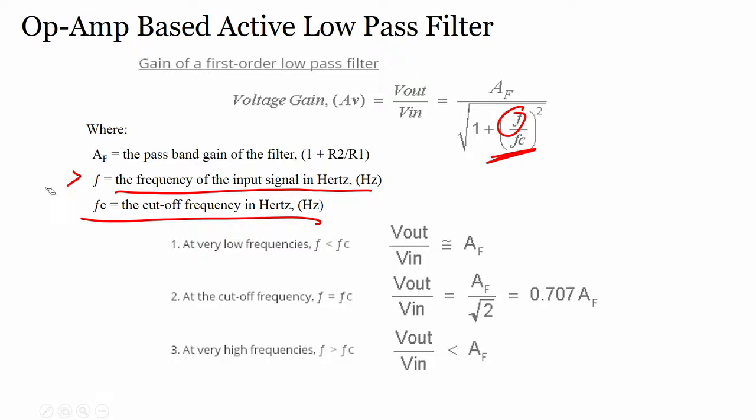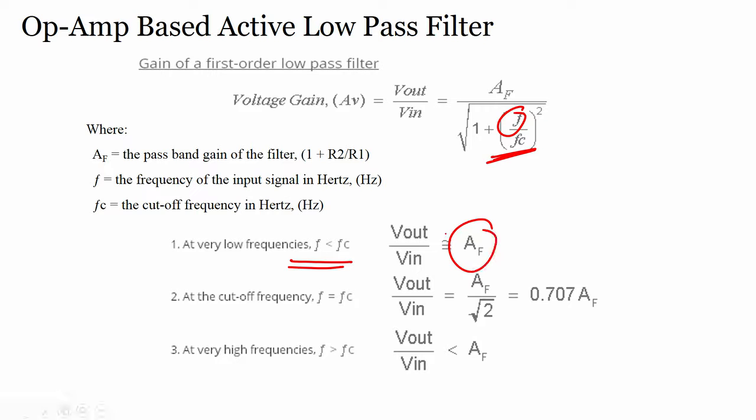Now, what will happen when a very low frequency is there? When the frequency is very low, F is less than Fc. That gives us Vout by Vin equals AF. How? See, F is extremely low compared to Fc, so this component becomes 0.